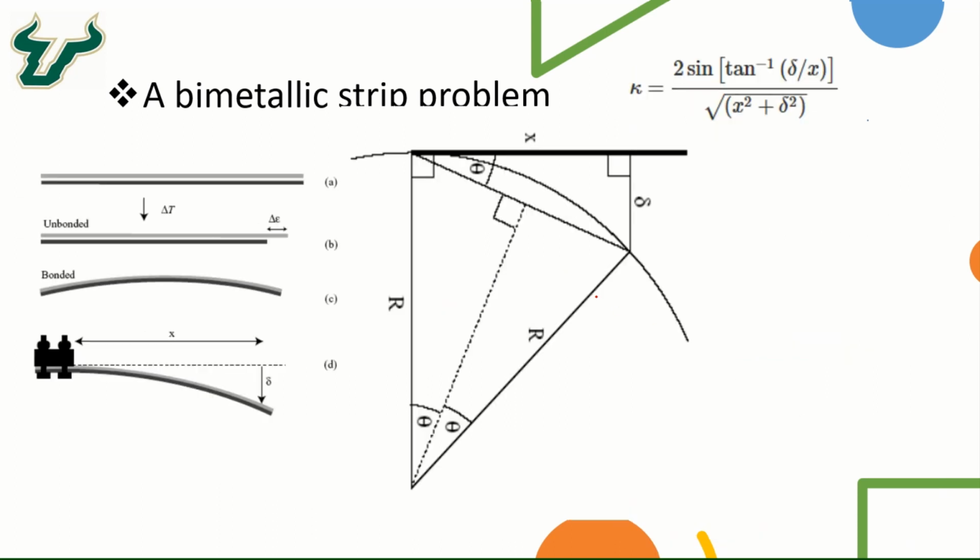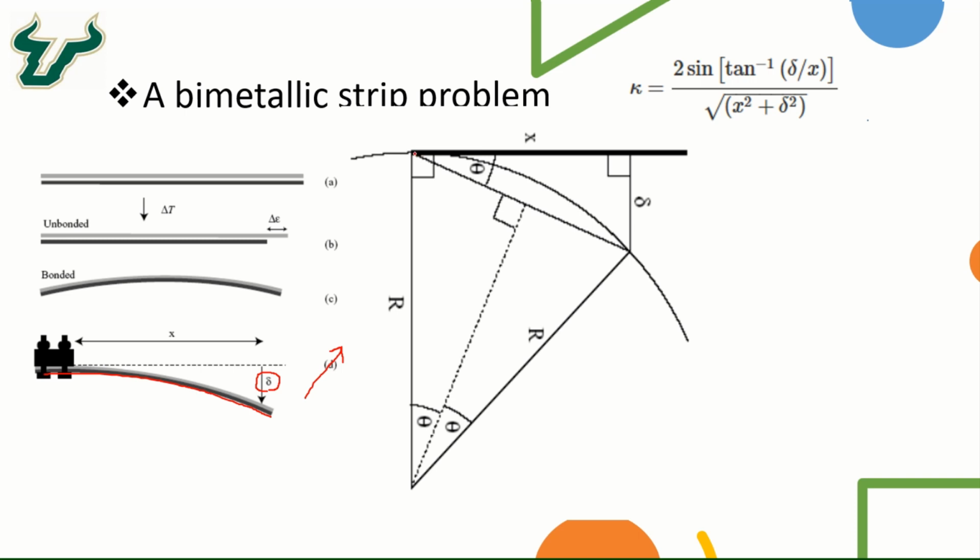So when we look at the geometry of this bimetallic strip, what we can see is the deflected strip in this sketch here, where delta is the deflection, and I'm zooming it in on this bigger sketch.